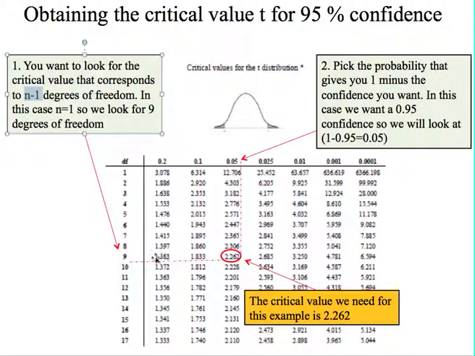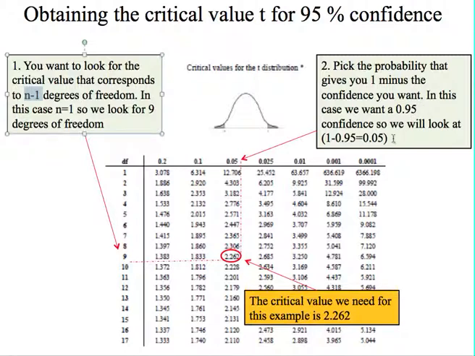This is the sampling distribution of the t statistic, right? For those degrees of freedom. And we will look at 0.05 probability in both tails, right? So you pick the probability that gives you 1 minus the confidence you want. In this case, we want 95% confidence.